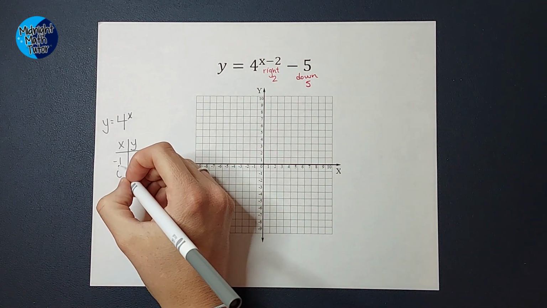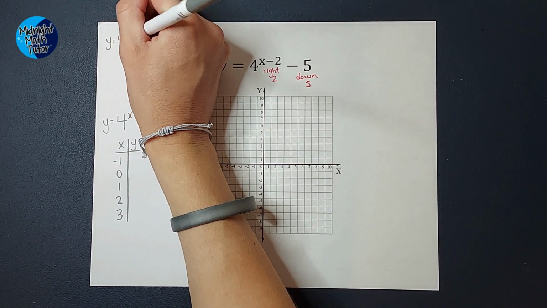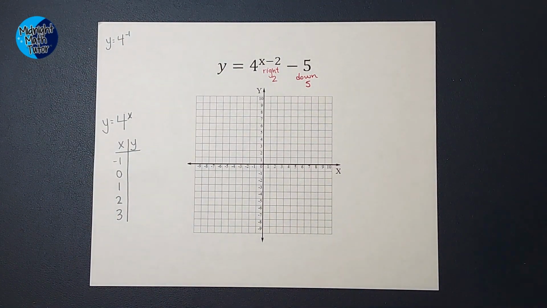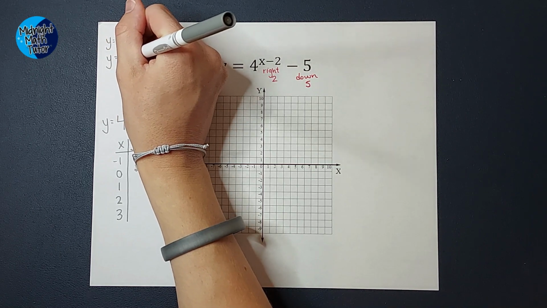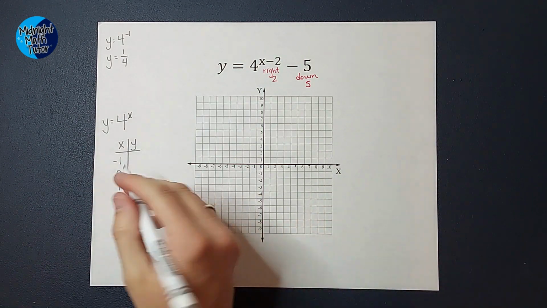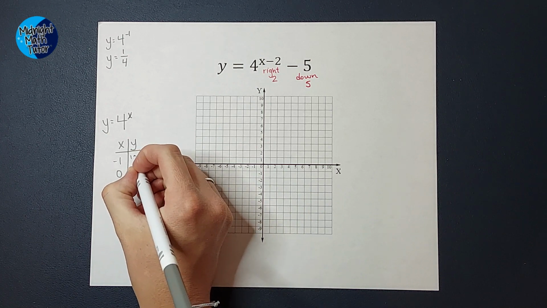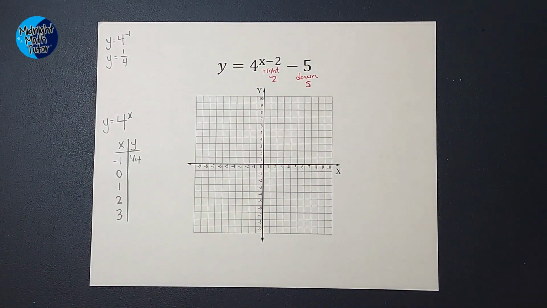So when I plug in -1, I get y equals 4 to the power of -1, which will end up giving me y equals 1/4. If you're like, what the heck did she just do there? I'll link a video talking about negative exponents, okay? So when I plugged in -1, I got 1/4. When I plug in 0, anything to the power of 0 is 1, right?